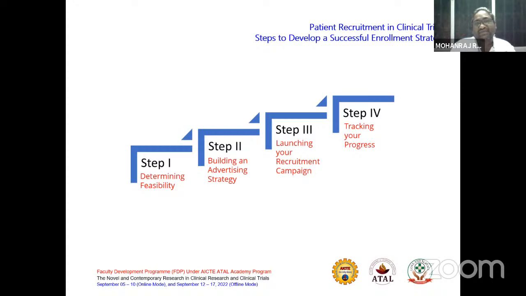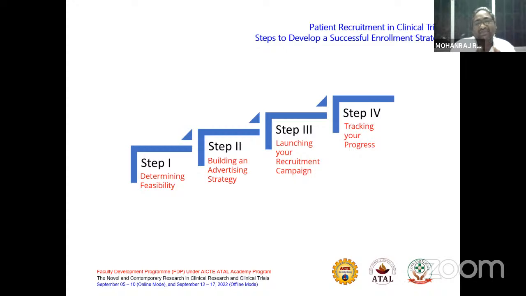Once the feasibility worked out by the research team is workable and beneficial for the particular population, and consent is given by the sponsor and the primary investigator, the very next step is building an advertising strategy.